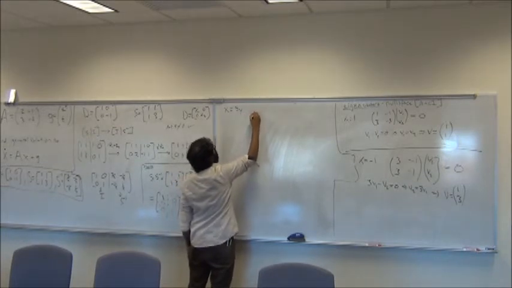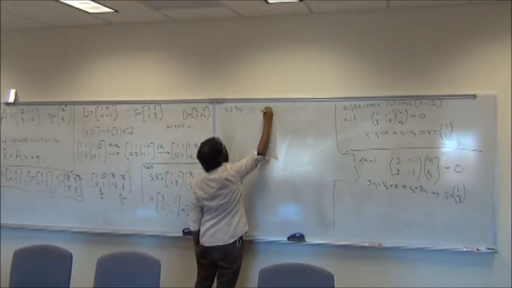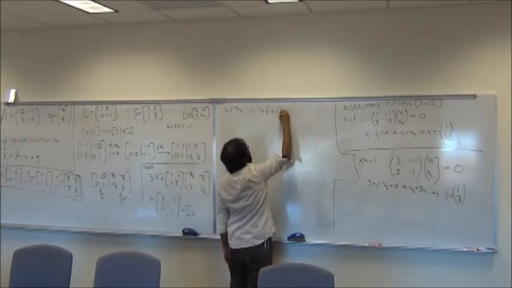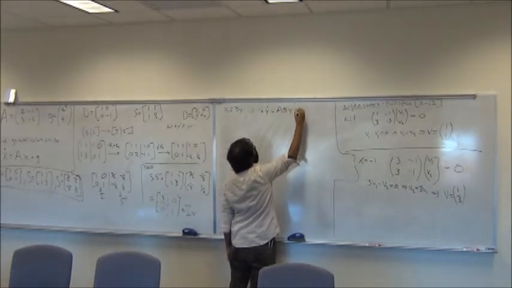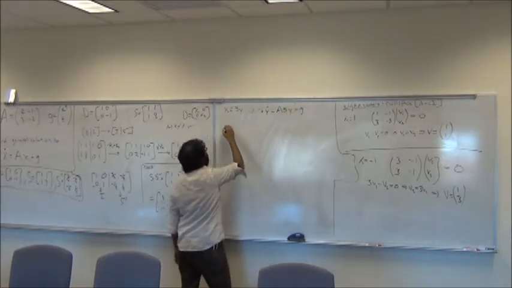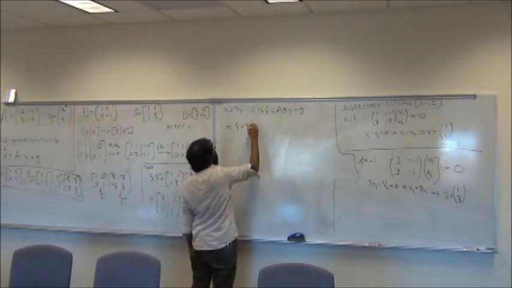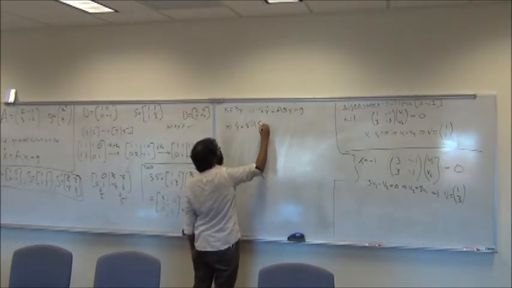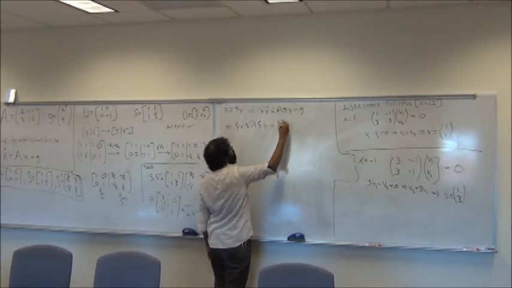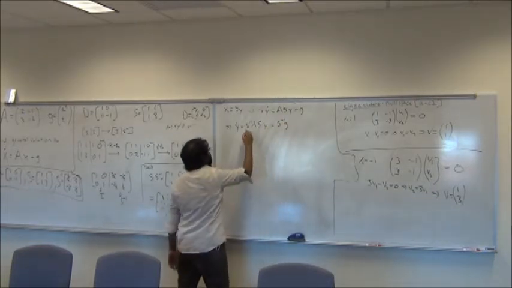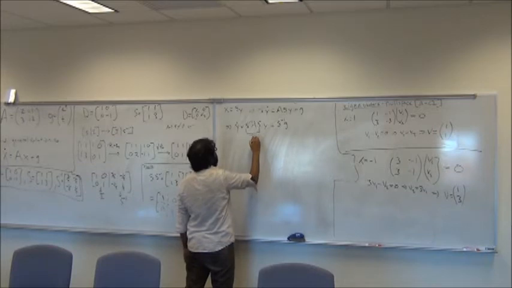So that tells us S y dot is equal to A S y plus g. And then we know S inverse exists, so that tells us y dot is equal to S inverse A S y plus S inverse g. And this, of course, is D.